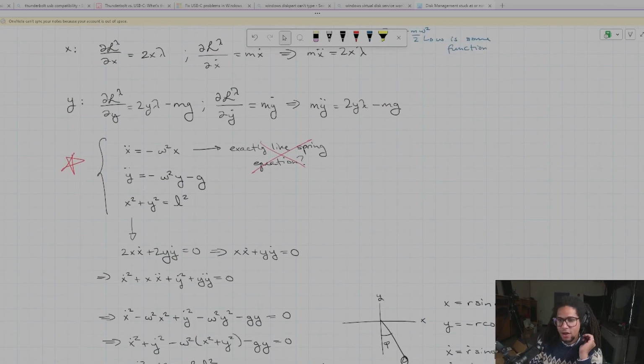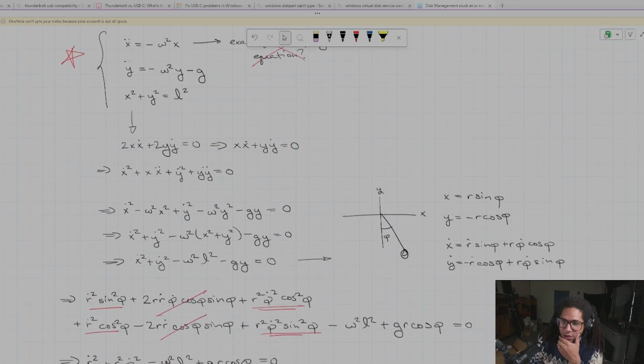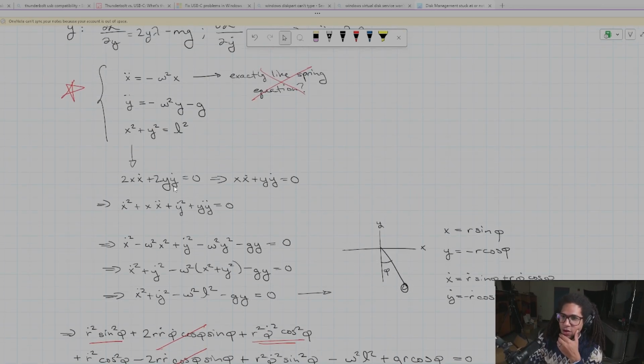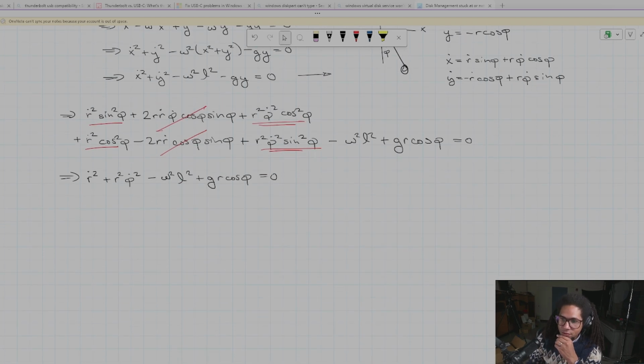Because I have that x squared plus y squared is equal to L squared, this implies that r squared is equal to L squared. Or because r must be positive, r equals L. But then r dot must be 0, and everywhere where I see an r, I can change it to L. Okay, so this term is 0. Then I get L squared phi dot squared minus omega squared times L squared plus g L cos phi is equal to 0.